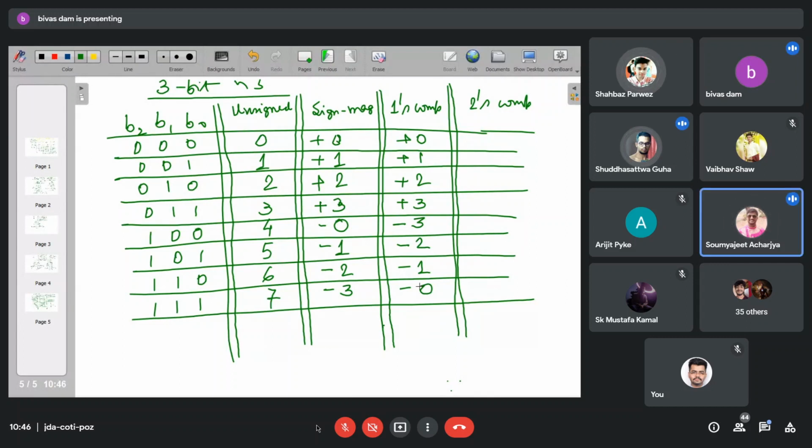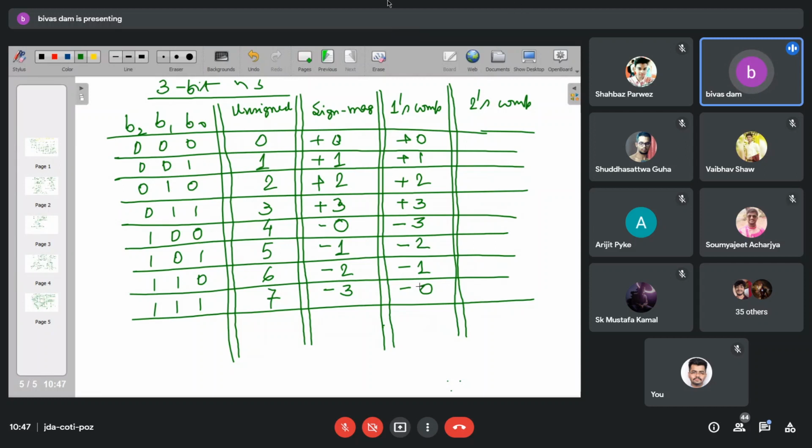Minus 3. And the maximum one? Plus 3. So minus 3 to plus 3 is 7 distinct combinations. So using 8 distinct binary patterns, in sign magnitude you can represent only 7 distinct decimal numbers.